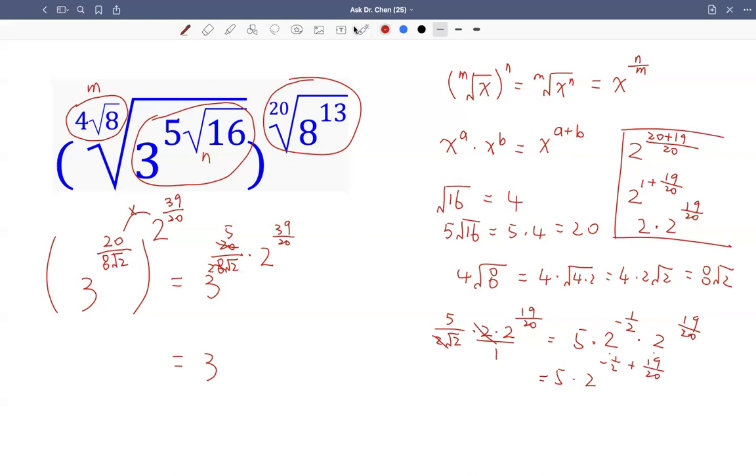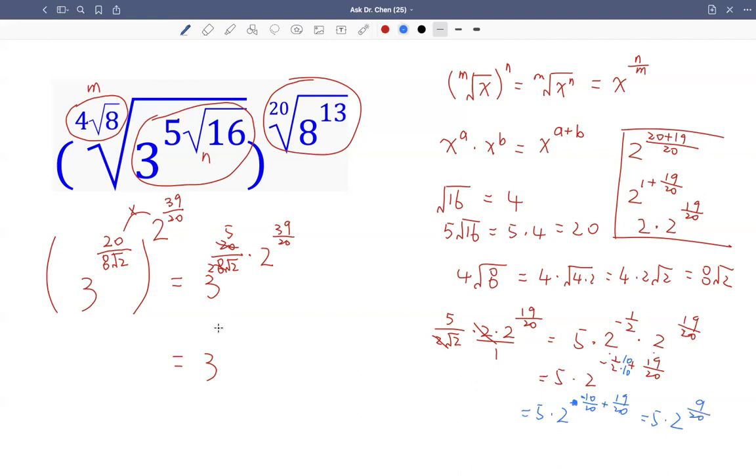So 5 times 2 raised by negative half plus 19 over 20. Well, we need a common denominator to combine. We multiply by 10 over 10. So 5 times 2 raised by negative 10 over 20 plus 19 over 20. Negative 10 plus 19, which is 9, so 2 raised by 9 over 20.